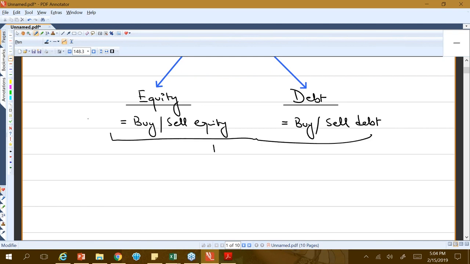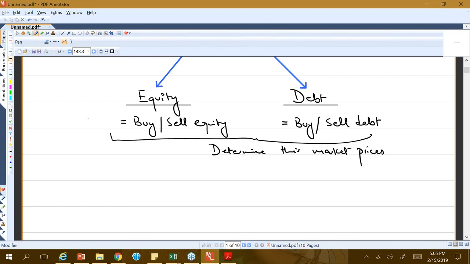So we are going to determine their market prices, because at these market prices we are going to buy or sell equity or buy or sell debt. So that is our overall aim here in this area of valuations. Now, the next thing is that we need to see ways in which we can find these market prices.